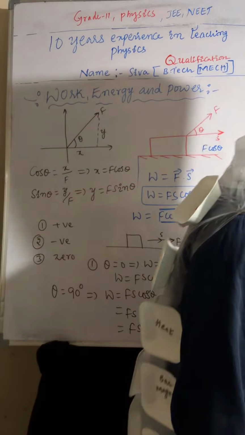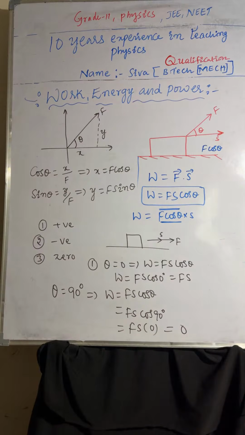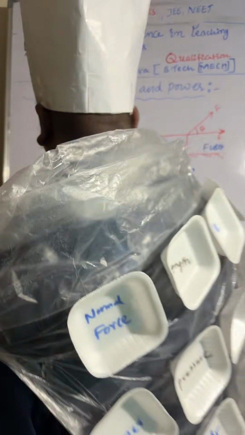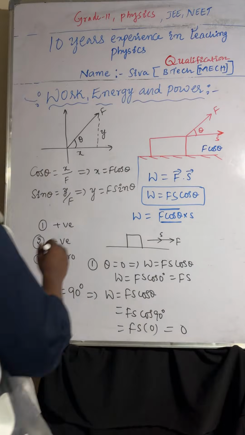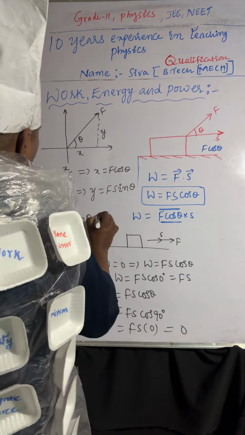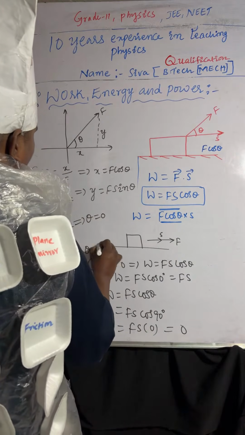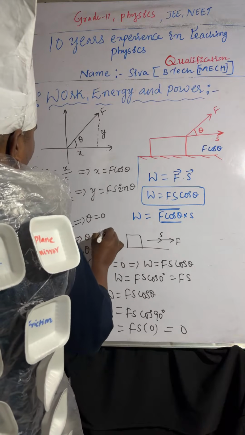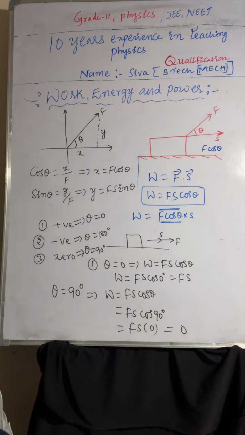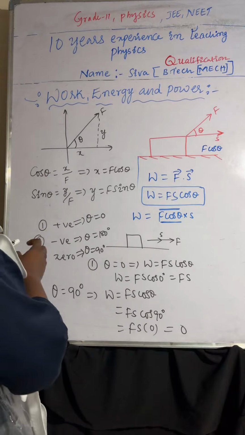So when will it be negative work done? When force and displacement are both acting in opposite directions, at that time work done is negative. So here for positive, theta equals 0, for zero work theta equals 90 degrees, and here theta equals 180 degrees between force and displacement.